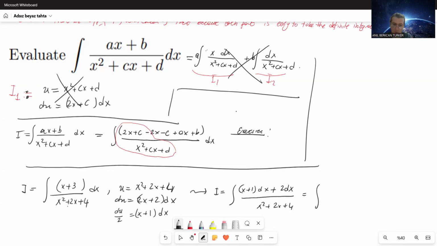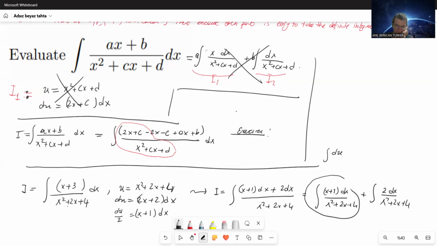One of them is x plus 1 dx over x squared plus 2x plus 4, and the other one is just a constant numerator, 2 dx over x squared plus 2x plus 4. Now this is easy to calculate because it's just the integral of du.